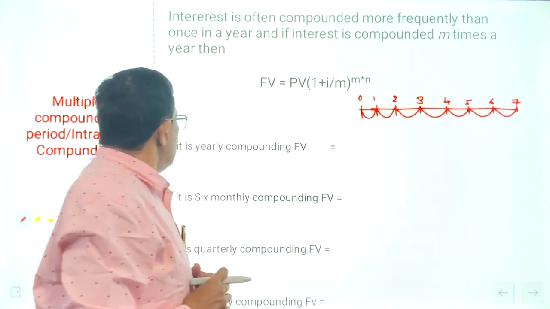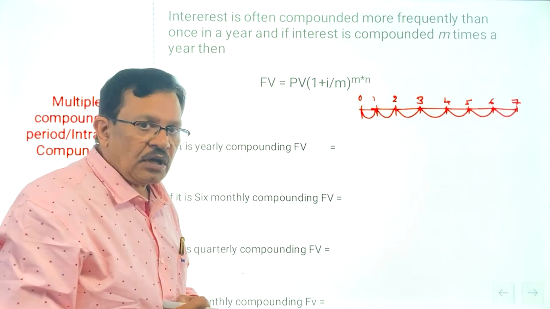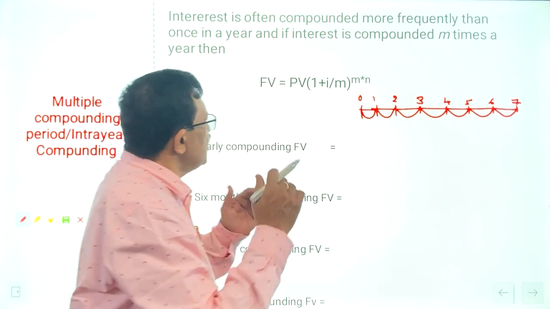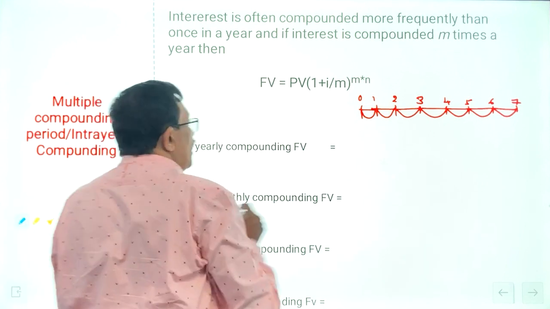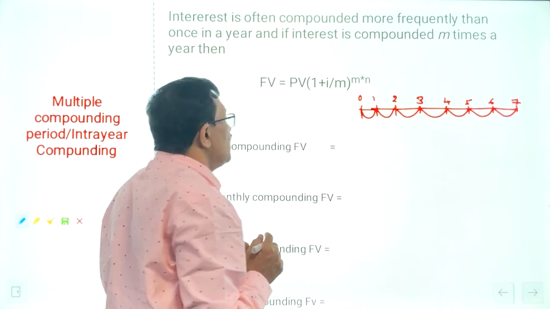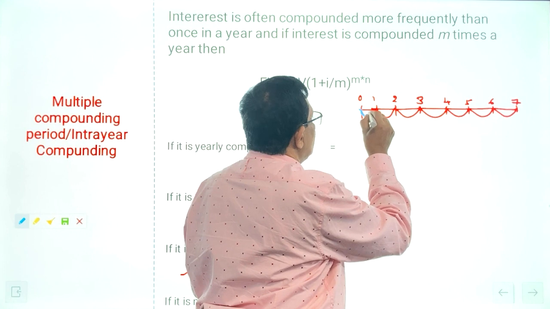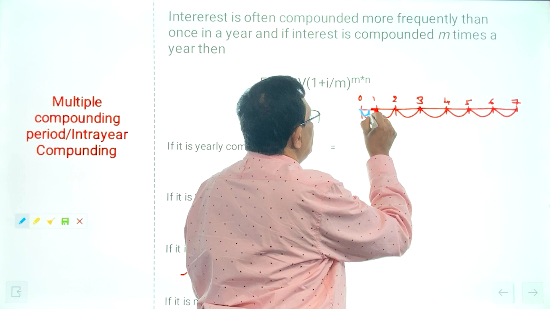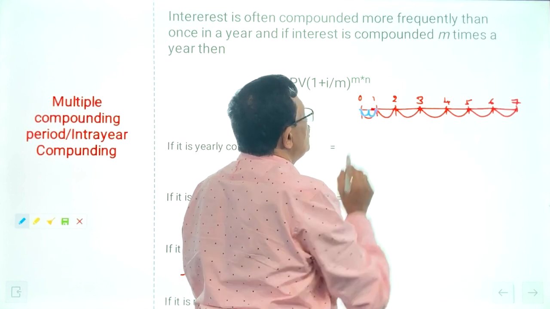There can be 6 monthly compounding or quarterly compounding or monthly compounding or daily compounding. In such cases, you are going to compound several times in a year. Supposing that it is going to be a 6 monthly compounding, then interest is going to be calculated from here to here. Then principal is added to that. Again, on that particular new principal, we are going to calculate the interest and we are going to get a new principal.